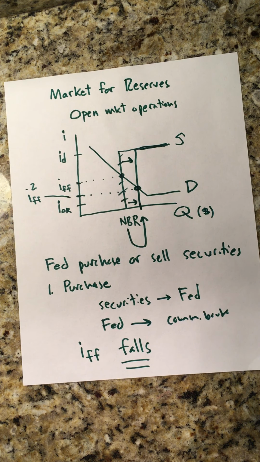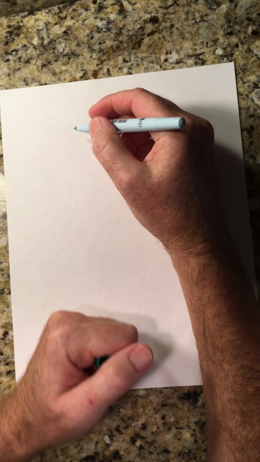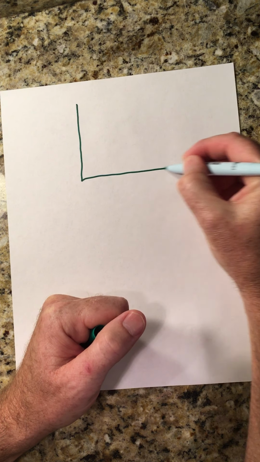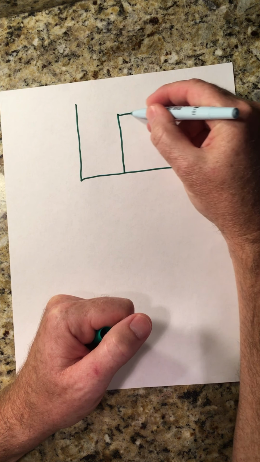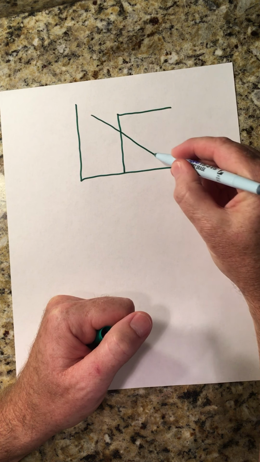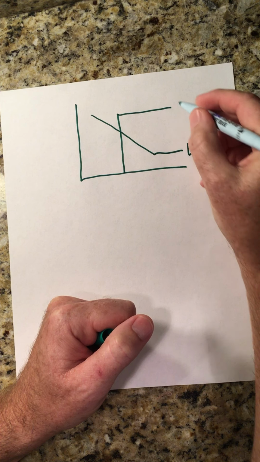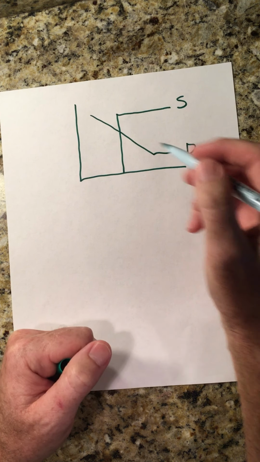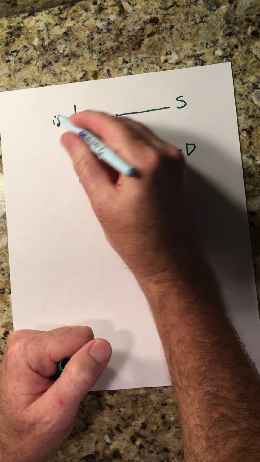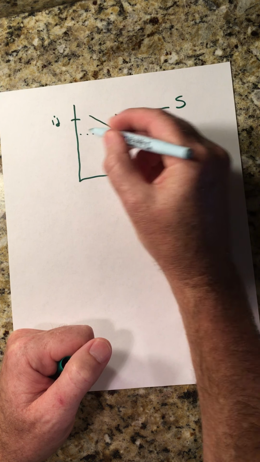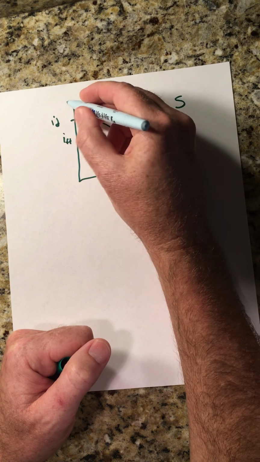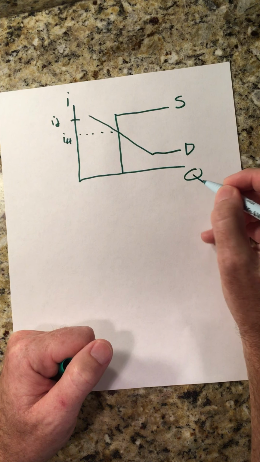Let's look at number two, as I was saying earlier. Let's look at a sale this time. Suppose you start with a situation that looks like this. I have my demand curve and my supply curve. My discount rate ID is here. Let's say that I have a federal funds rate there, and this is my quantity.